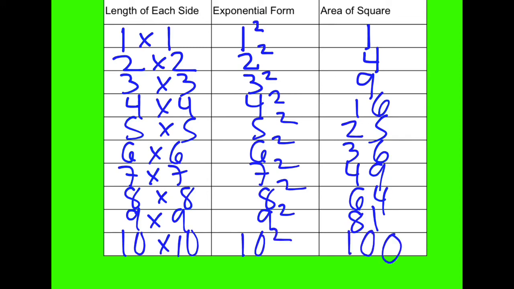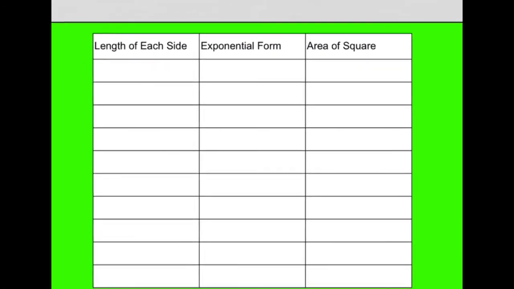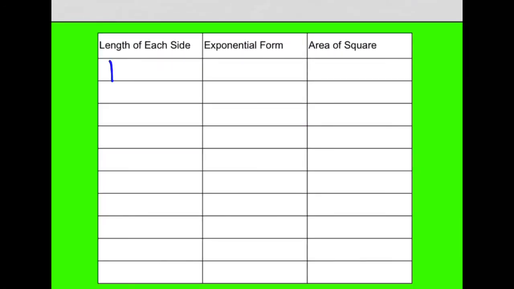I'm going to wrap up this video by doing up to 20 by 20. So keep going. I didn't practice beforehand, so hopefully I remember these, else I'm going to look bad on the video here. 11 by 11, which is 11 squared, which is 121.